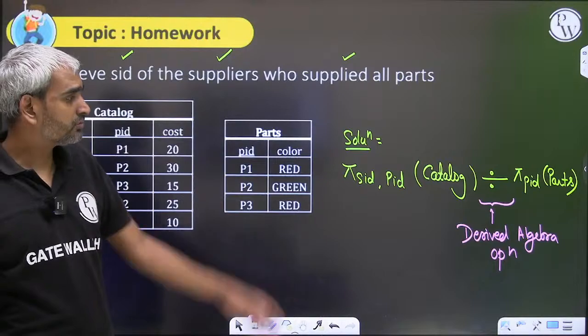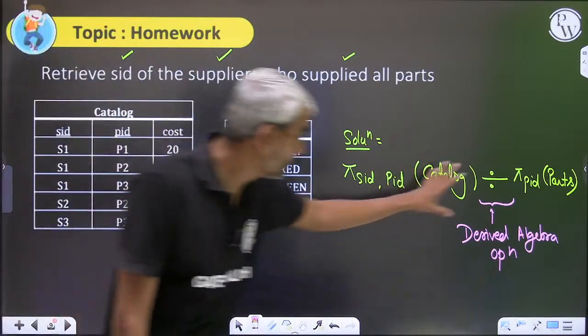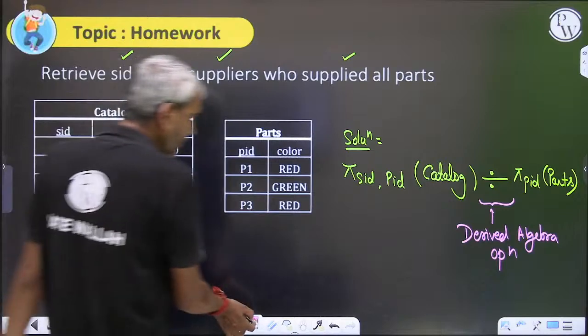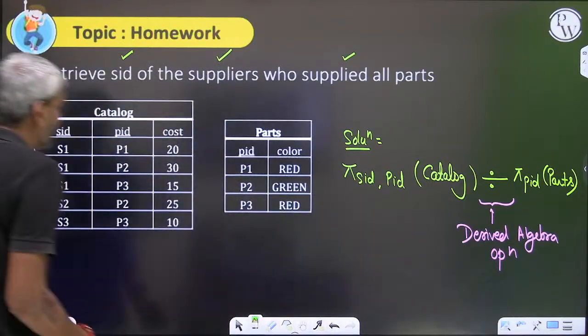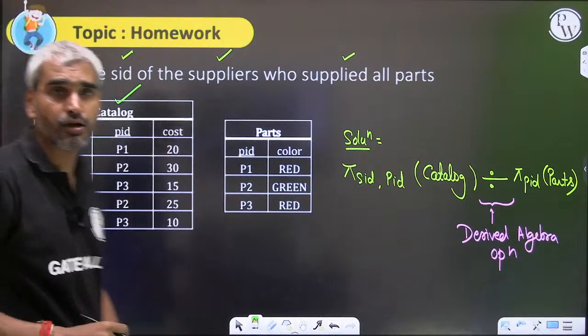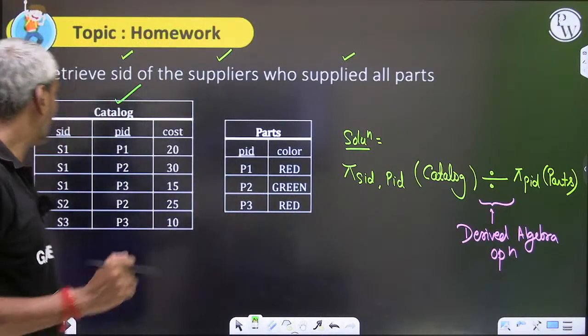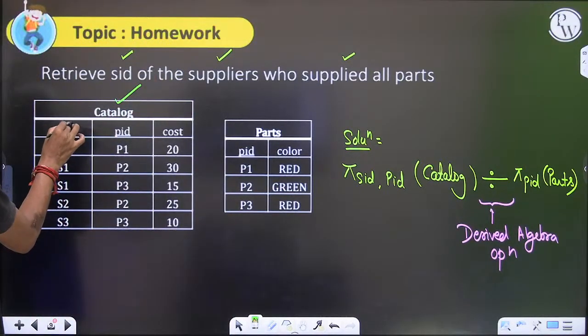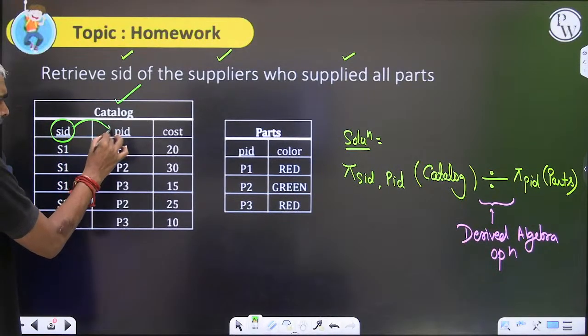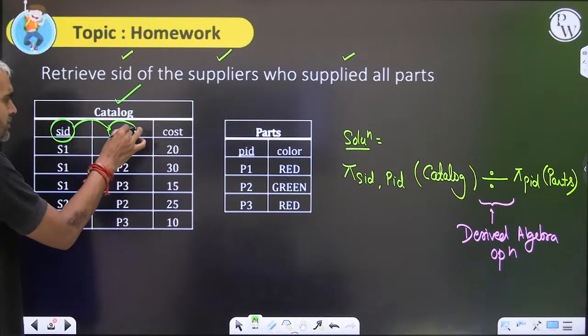Clear? So that's what we'll try to understand, how exactly this will be derived. In the very beginning, what did I say? The only information required from the catalog table is which SIDs of the catalog table are associated with all the PIDs of the part table.